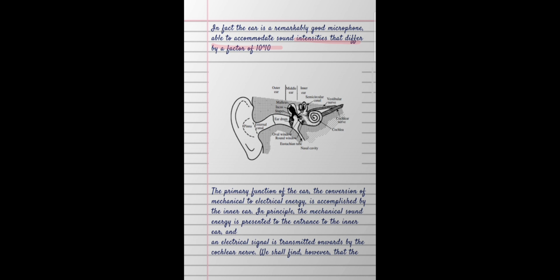The conversion of the mechanical to the electrical energy is accomplished by the inner ear. In principle, the mechanical sound energy is presented to the entrance to the inner ear, and the electrical signal is transmitted onwards by the cochlear nerve.